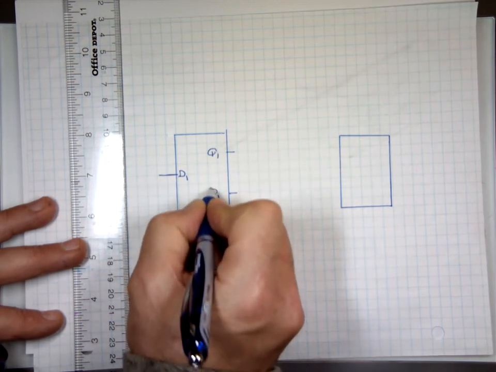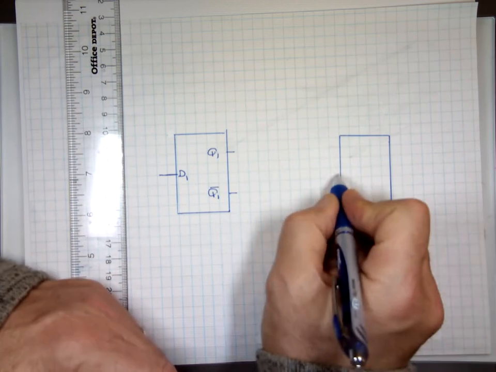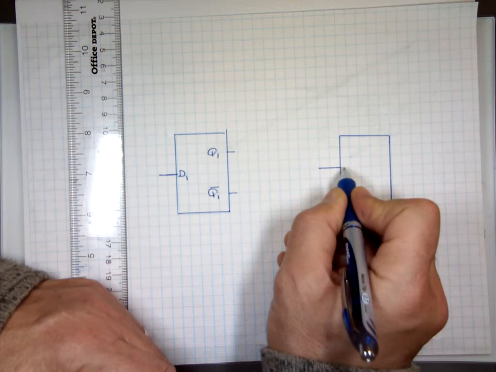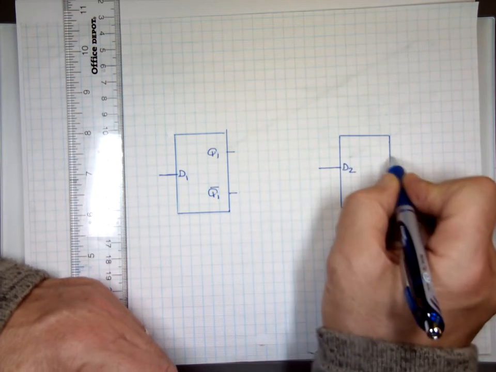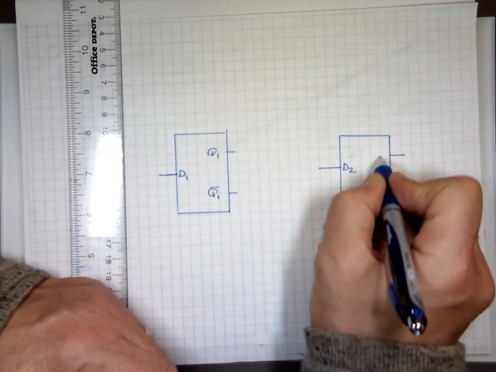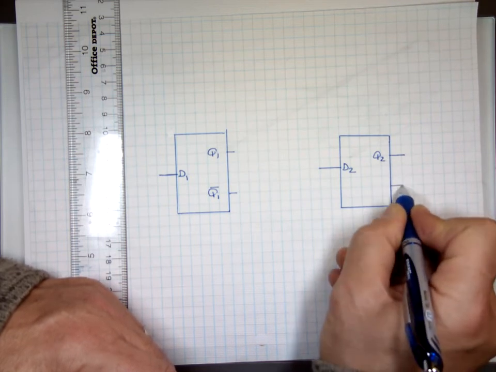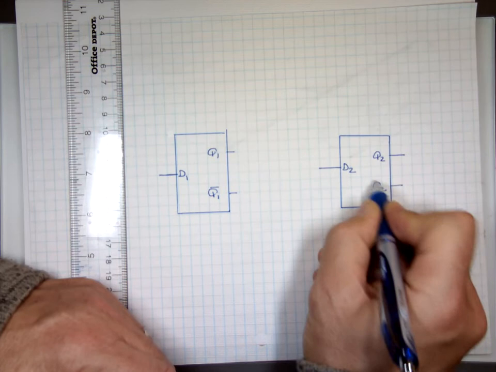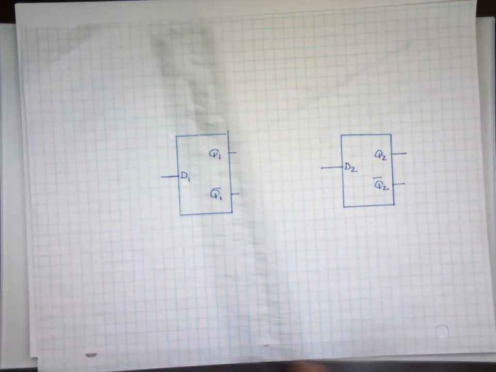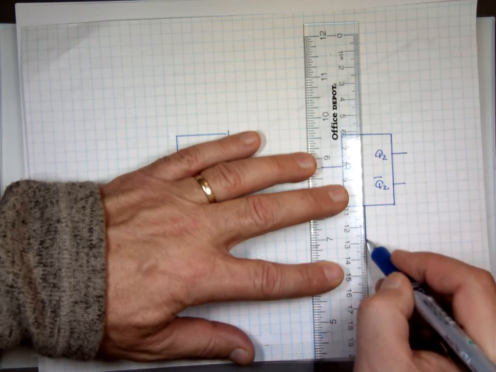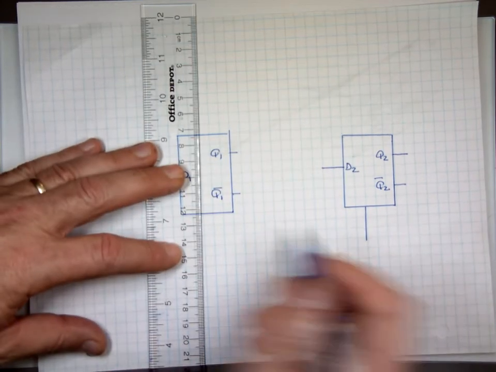Another input here, D2, two outputs, Q2 and Q2 not. There's a clock going to both of them to synchronize them, make sure everything toggles at the same time.